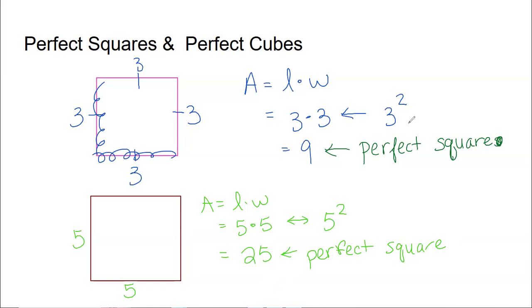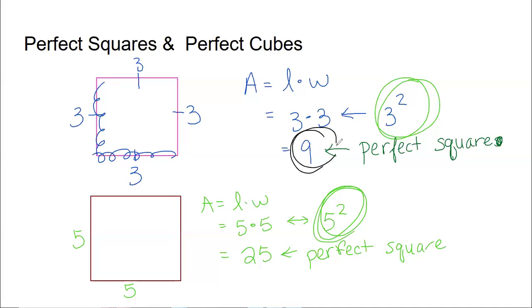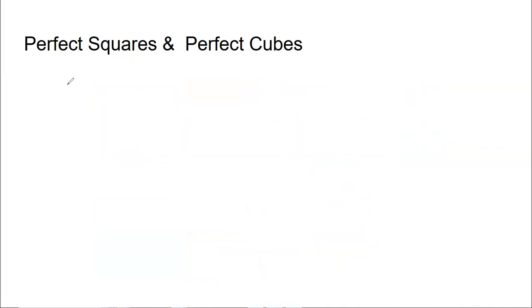So the first square represented 3 squared, and the second one represented 5 squared. And then the answers, 9 and 25, those are 2 examples of perfect squares. If you're ever not sure if something's a perfect square, here's what you can do. So let's say 9. We know this is going to be a perfect square.